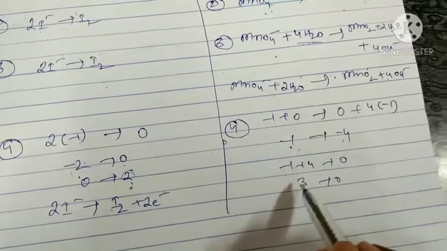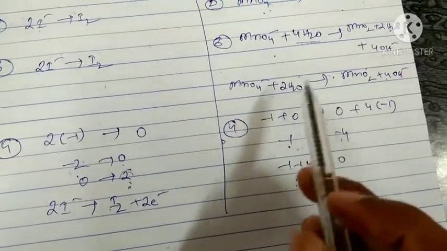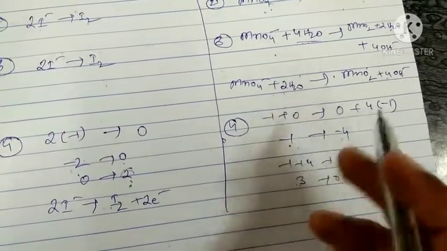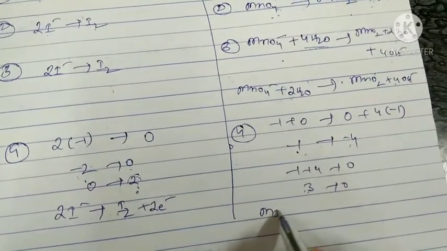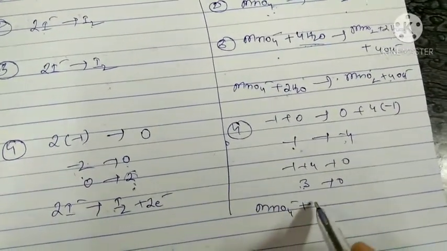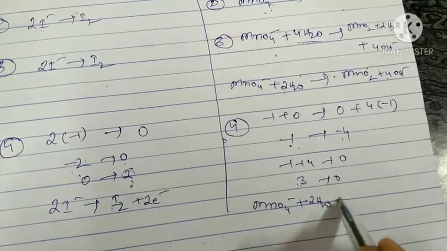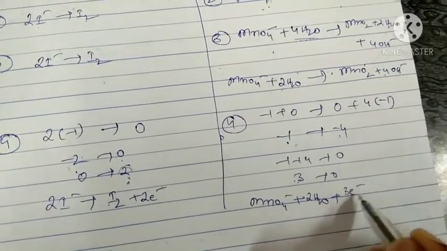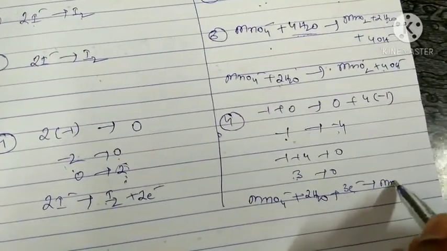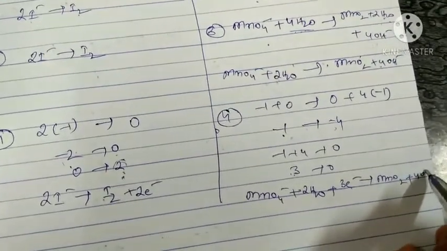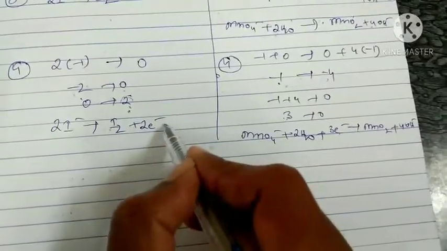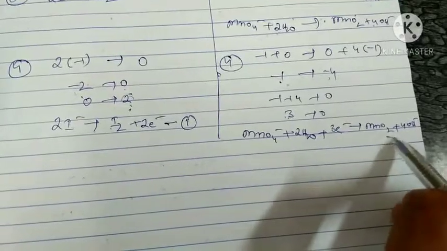That means we should add 3 electrons to this reaction on the left side. So this equation becomes MnO₄⁻ plus 2H₂O plus 3 electrons gives rise to MnO₂ plus 4OH⁻. This is equation 1, this is equation 2.